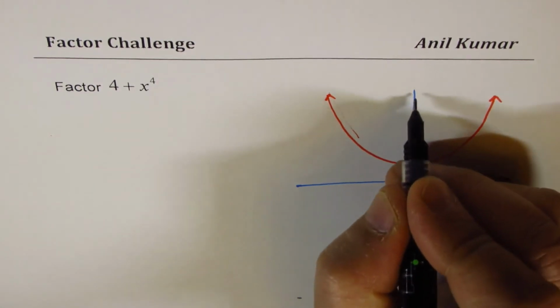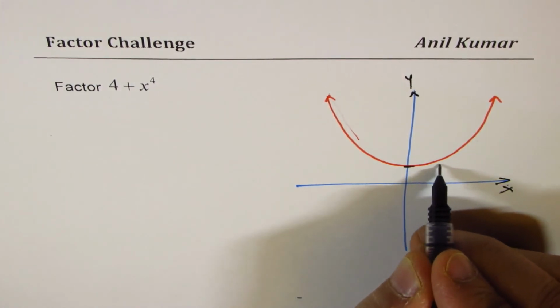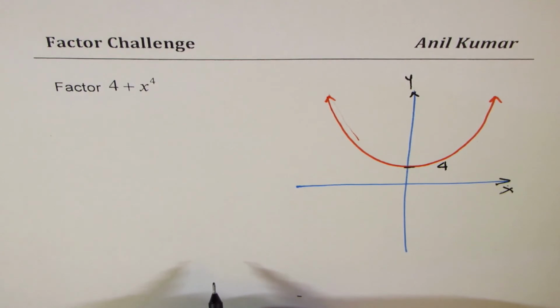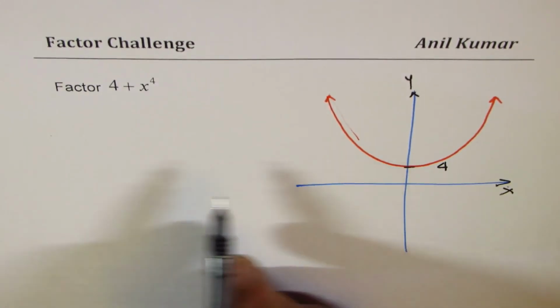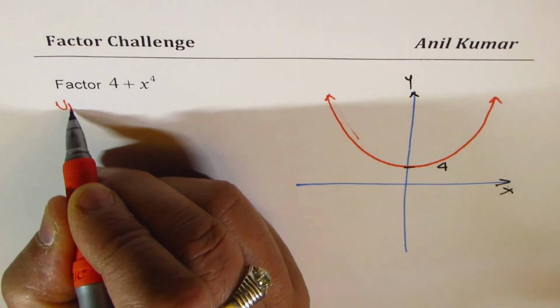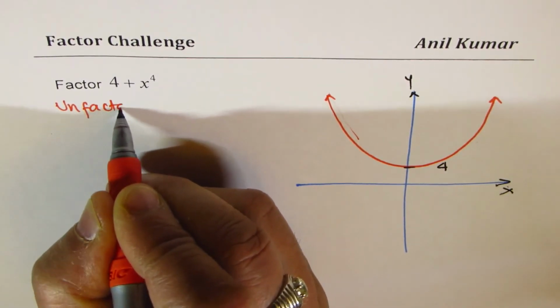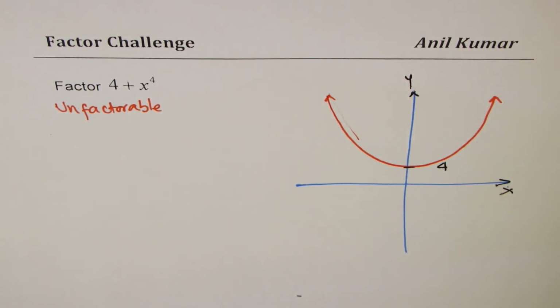So if this is the x-axis, this is the y-axis. Here we get at 4 the local minimum. Since there are no x-intercepts, it cannot be factored. That is what we learned, and therefore we say it is unfactorable. Is that okay? So using normal techniques, you indeed cannot factor it.